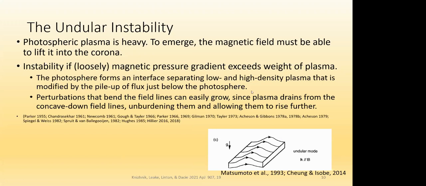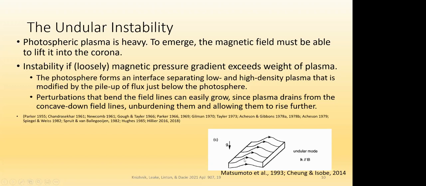And what you get is you build up this concave down loop, which barely peaks up out of the photosphere. And when that happens, you can imagine that the plasma at the top of this loop will immediately be able to drain, right?